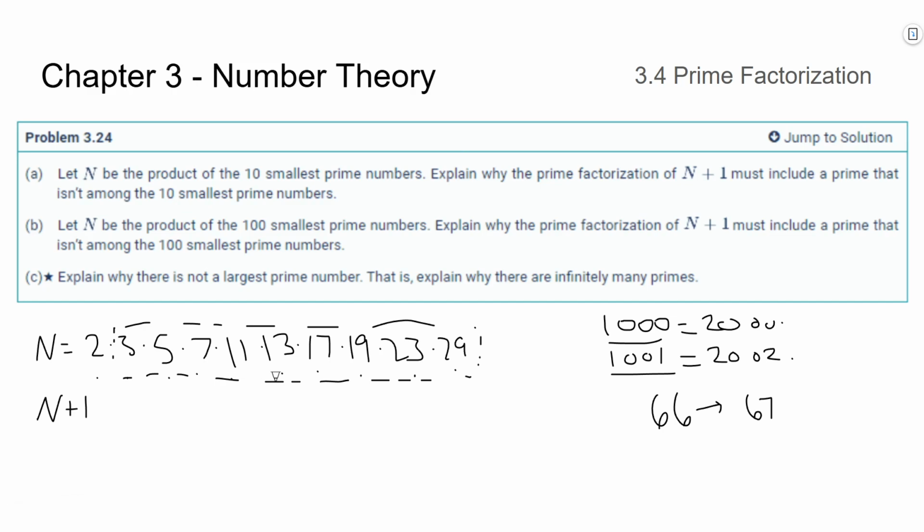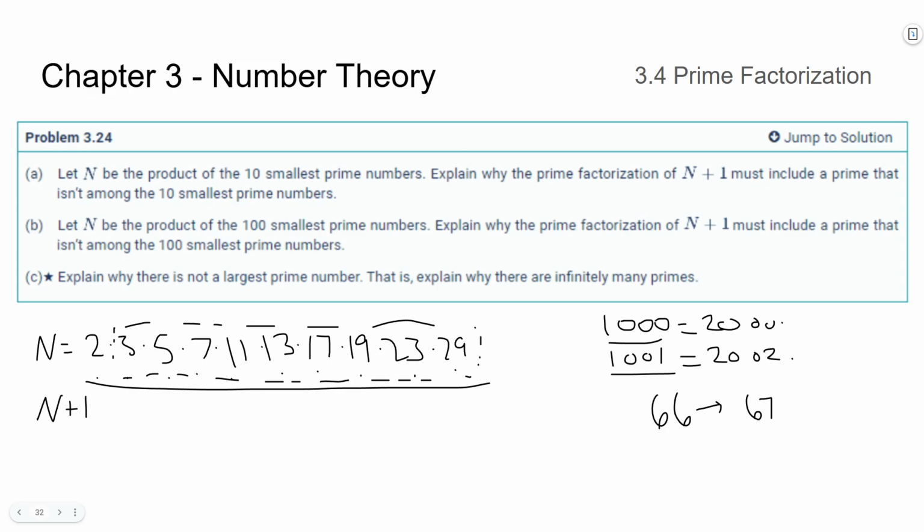So that means the prime factorization cannot include any of these prime numbers, because we know it's not divisible by any of these numbers. So we can't factor it into any of those numbers. So that's how we know that.